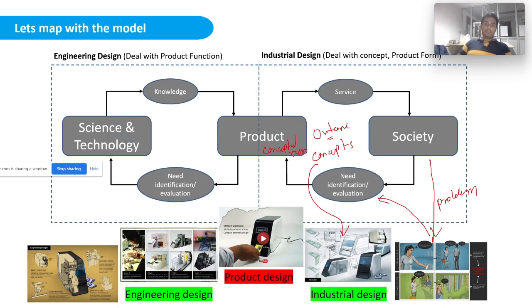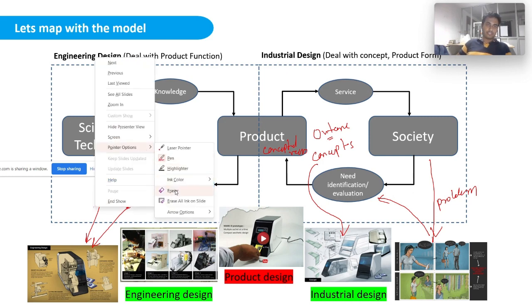The next thing we require is an engineering set of requirements. For the engineering set of requirements, we go to science and technology, and the engineering requirements we ideate first.